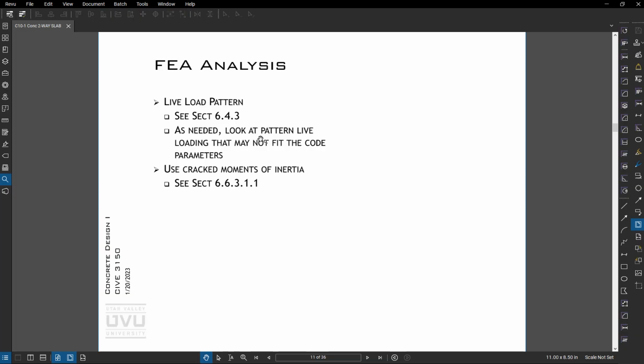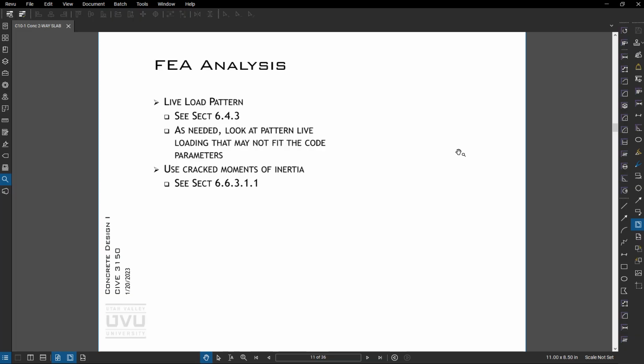And then any other loading or pattern loading that may not be in the code, the code's really a general guide. You may have a situation where loads are different. You may have equipment loads, heavy point loads, things like that.